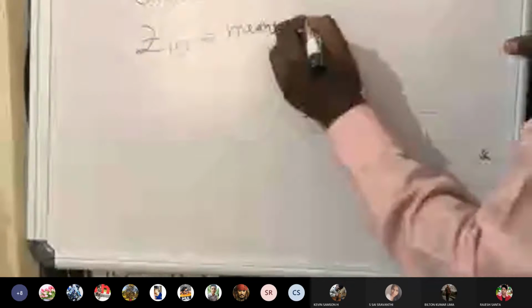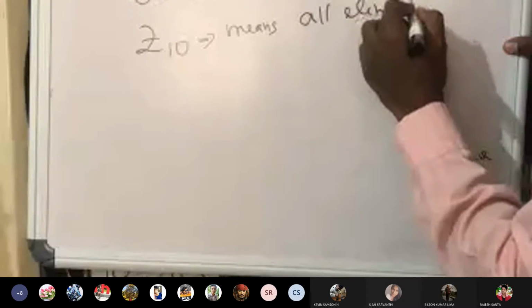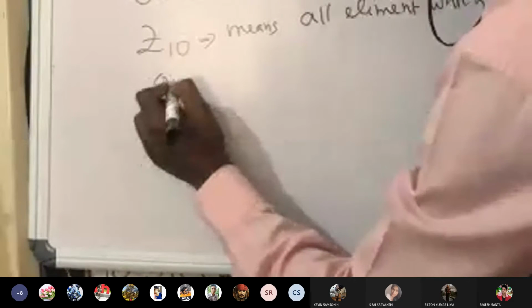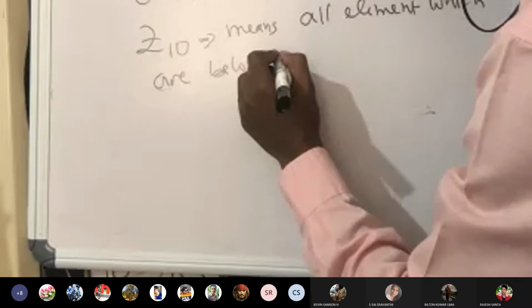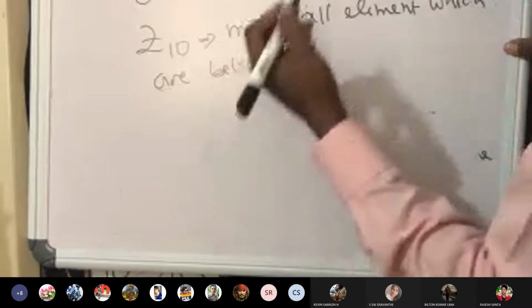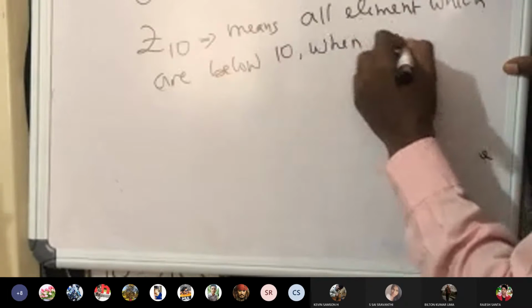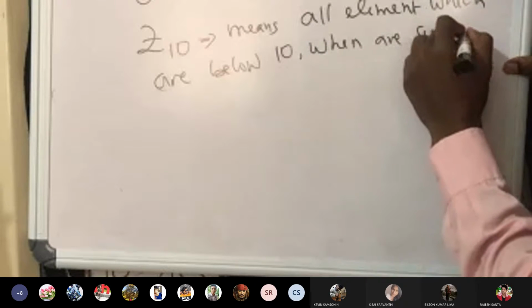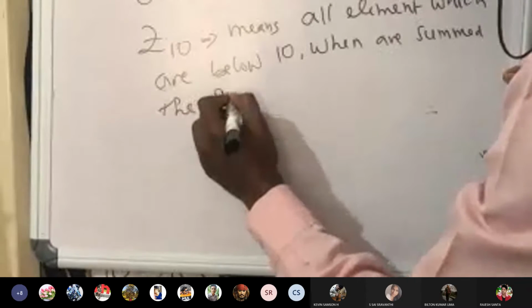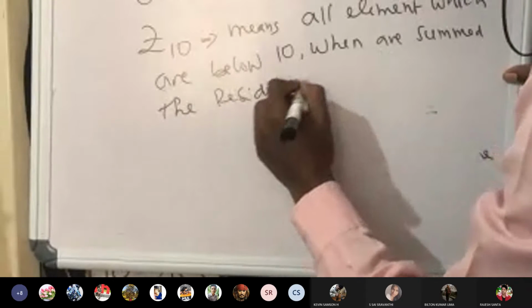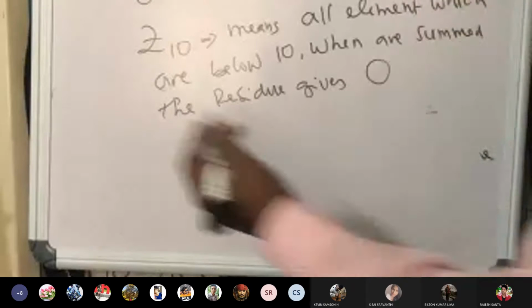This means all elements which are below 10, when they are summed up, the residue gives what? 0.